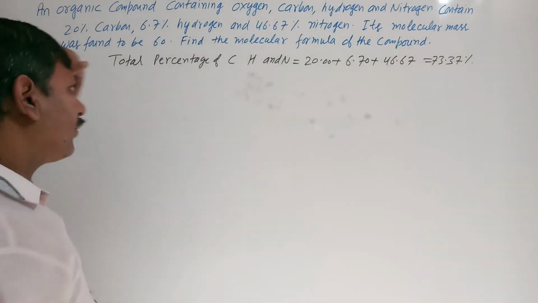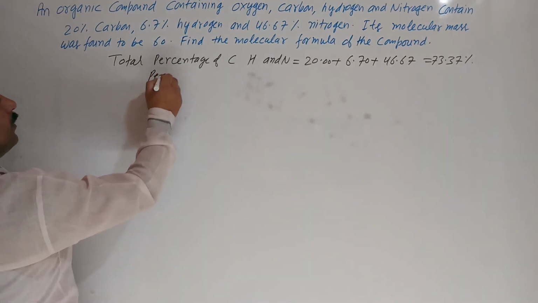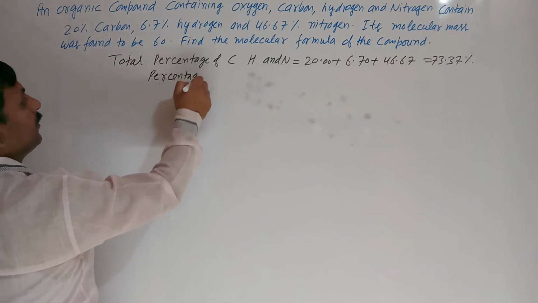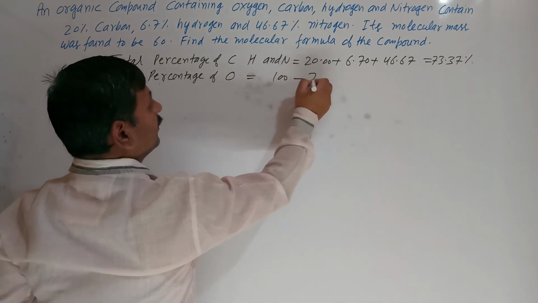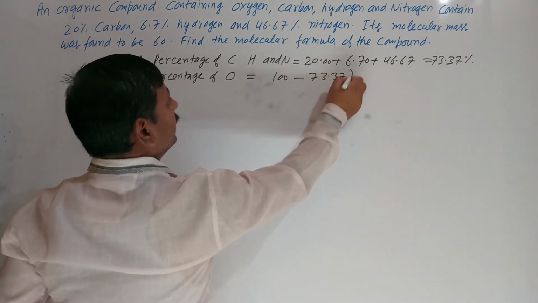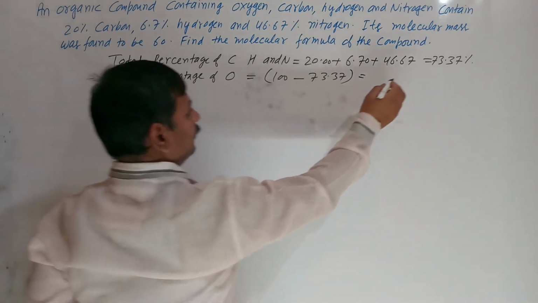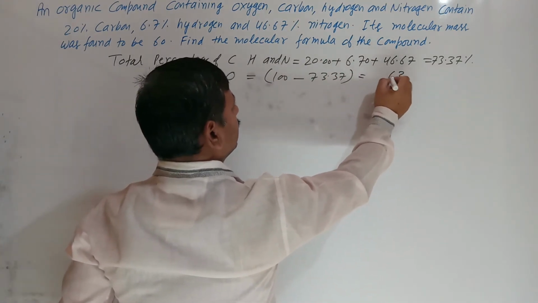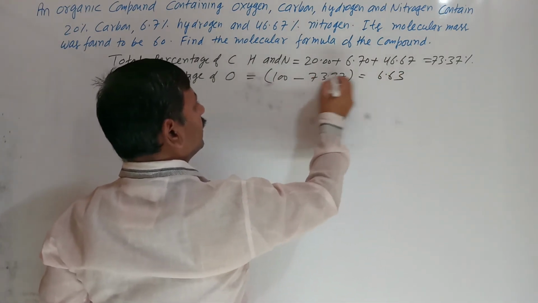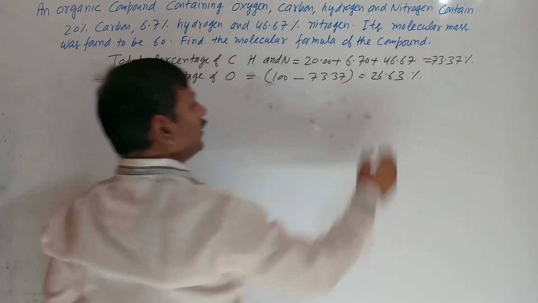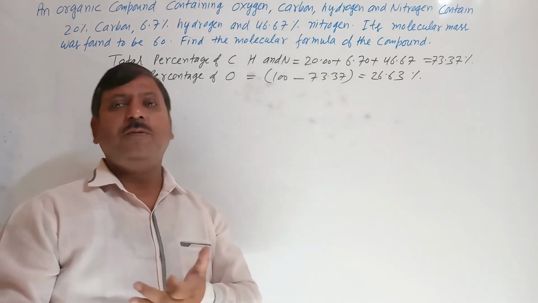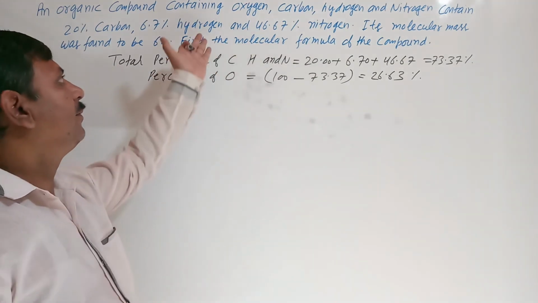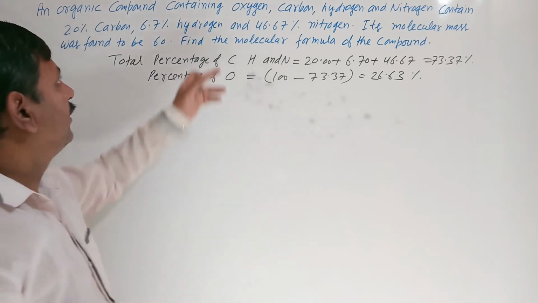What will be the percentage of oxygen? Percentage of oxygen will be 100 minus 73.37. This will be 26.63.